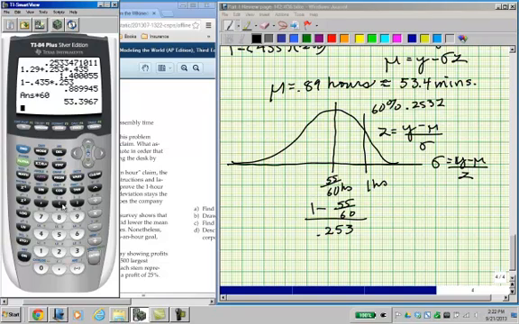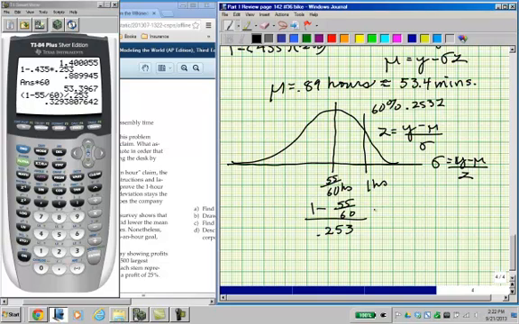So let me open this parenthesis. There's the numerator, 1 minus 55 over 60, divided by 0.253. Okay, and we get approximately 0.329.